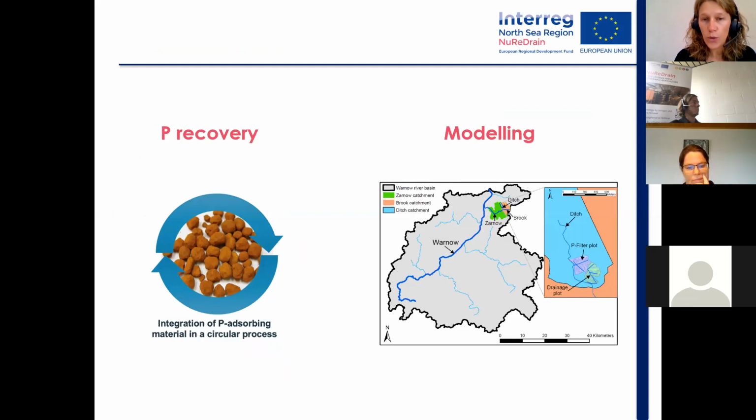And there is also a work package on modeling in which we try to see what the nutrient removal potential would be if we would install the filters over a larger surface area.